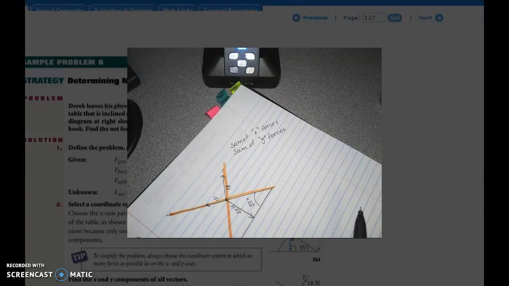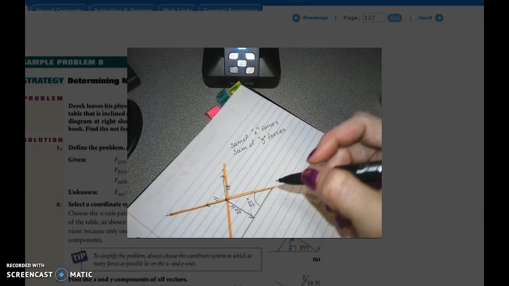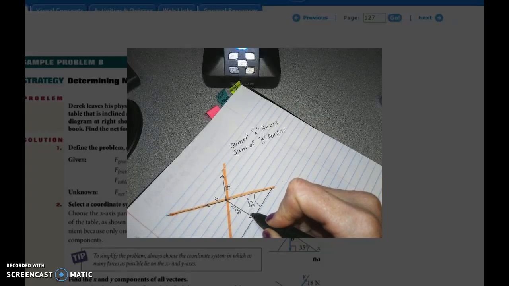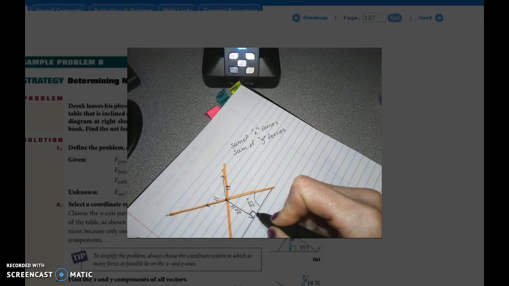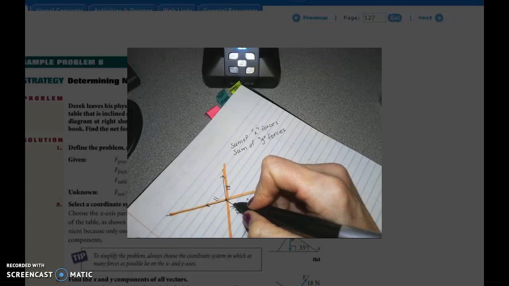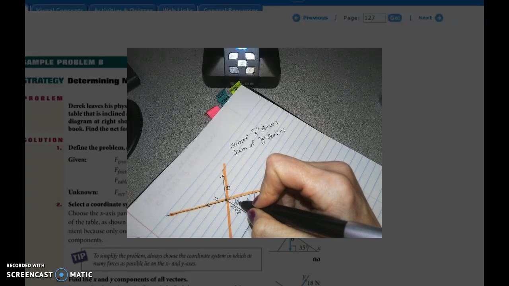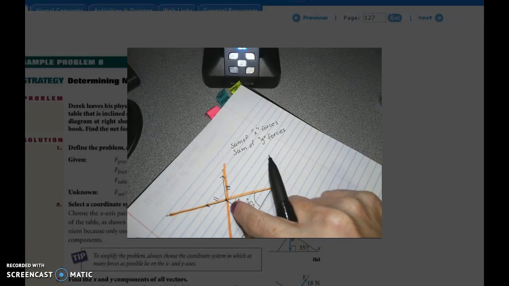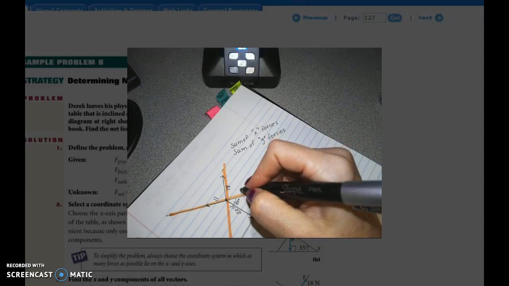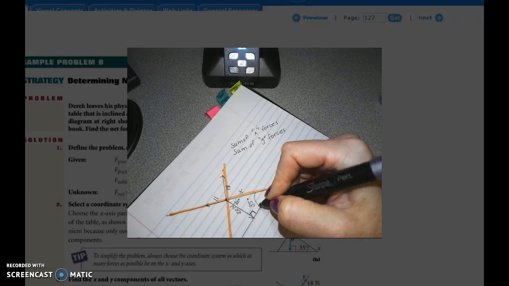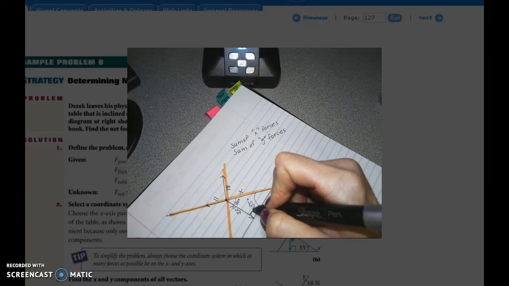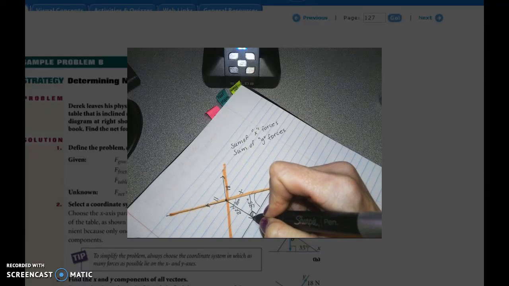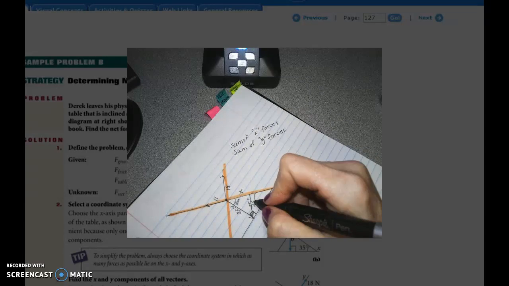What I want you to notice is that this is a 35-degree angle. This is a 90-degree angle. So that means this angle here has to be 55 degrees, right? So we want to find the x component, and then we also need to get the y component.